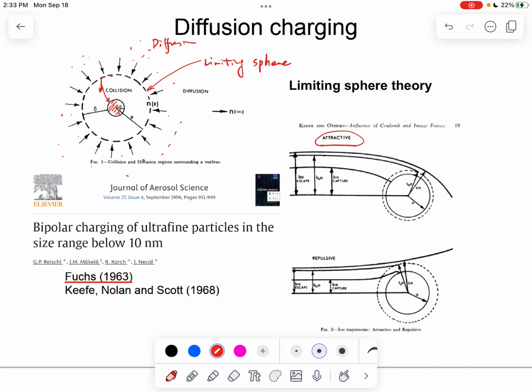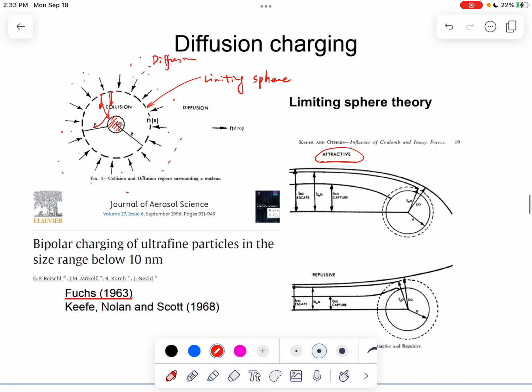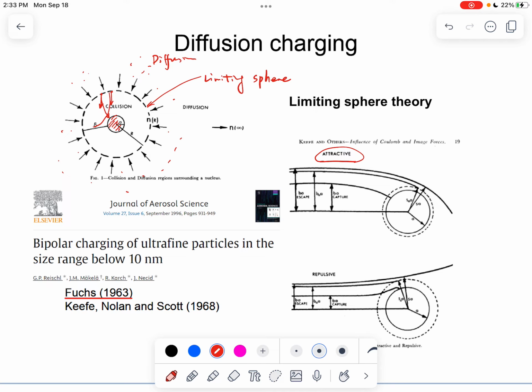And when the particle and the ions carry the same polarity, even if the ions are shooting directly towards the particle, because of the repulsive force, they are going to get diverted, and there's no collision. So there's a way to calculate the combination coefficient for the ion-particle interaction. We call that coefficient the ion-particle combination coefficient.